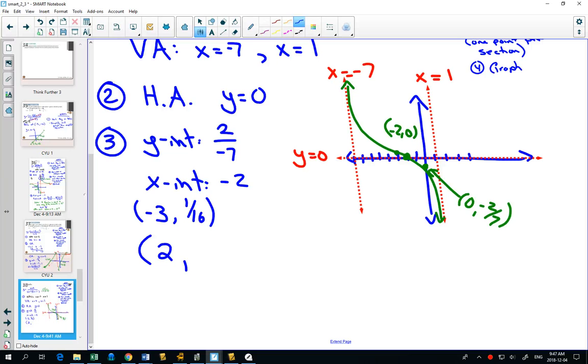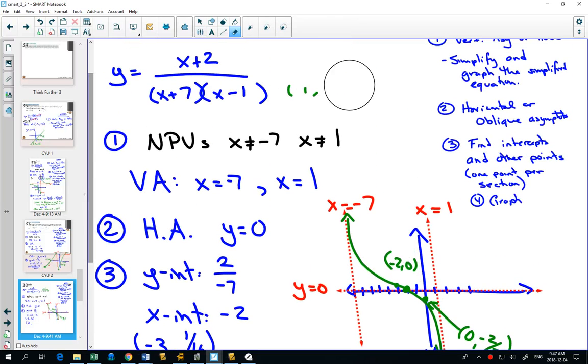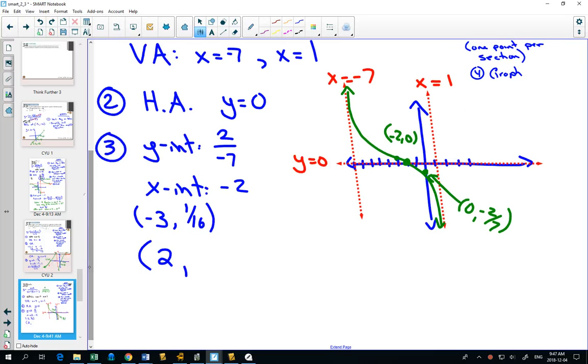So if we plugged in 2, I'm going to go back up to this equation. I'm going to erase the green that I did last time. Can you see that your numerator would be 4? This would be 9. This would be 1. So my point when I plug in 2 would be (2, 4/9).